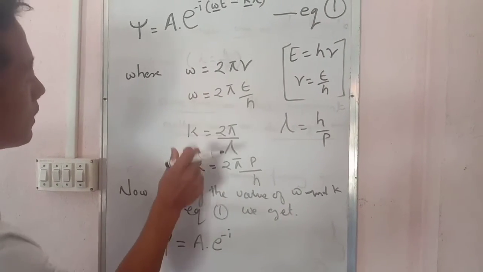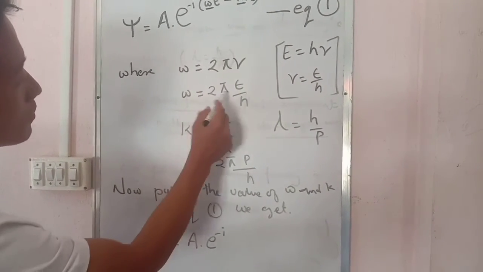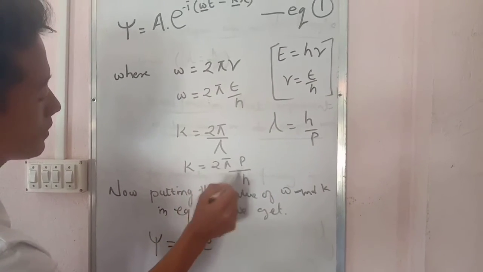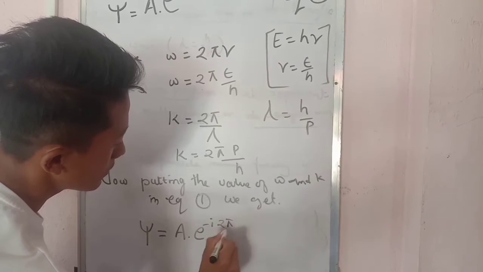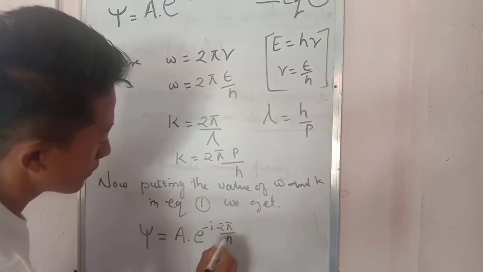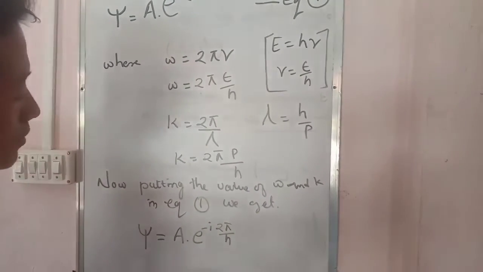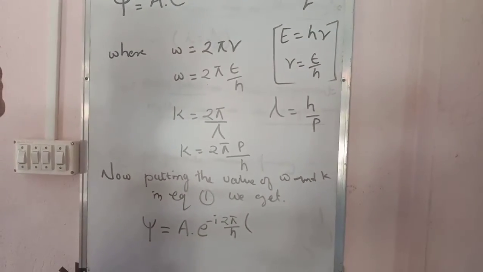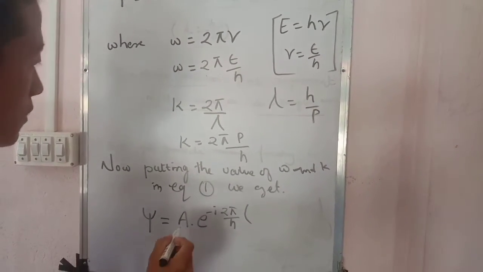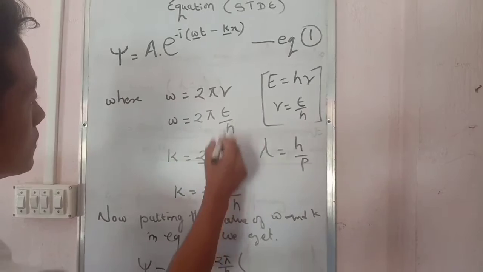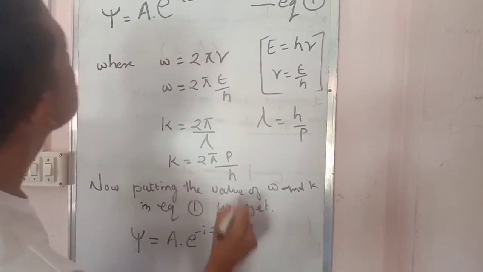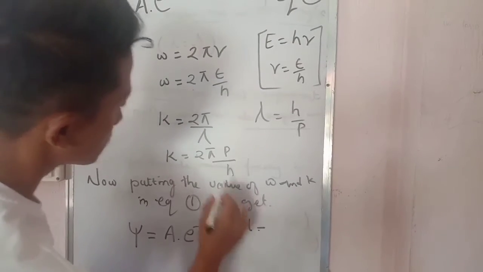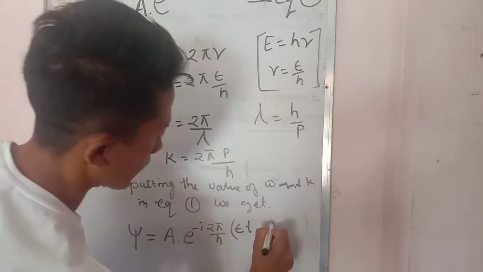In both omega and k we have a common factor 2 pi by h. Taking 2 pi by h as common, we are left with E t minus px.